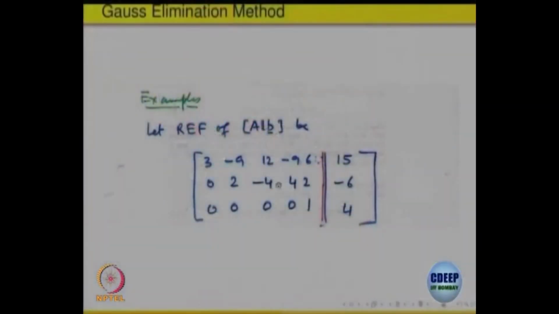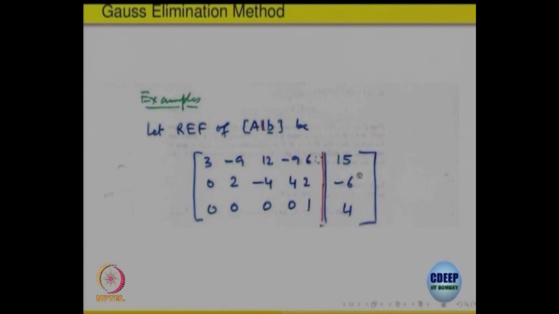His question is, in this equation 2 x 2 minus 4 x 3 plus 4 x 4 plus 2 x 5 equal to minus 6, in that equation x 5 equal to 4 we can put. So, I get a relation as 2 x 2 minus 4 x 3 plus 4 x 4 plus 8 equal to minus 6.